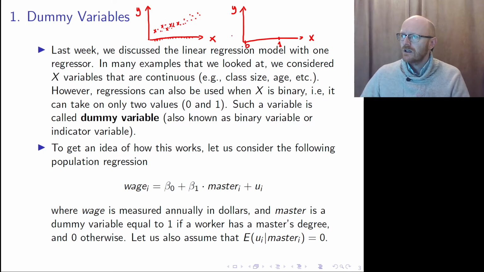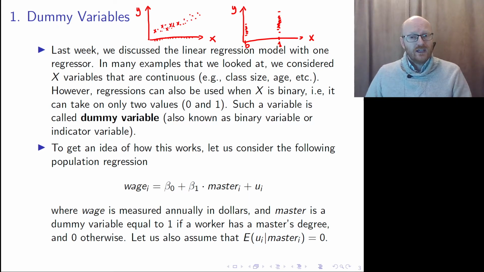So in this case, you would get a certain data set which is limited to two values of x. And how can we use this within our ordinary least squares framework? We're going to look into that now.